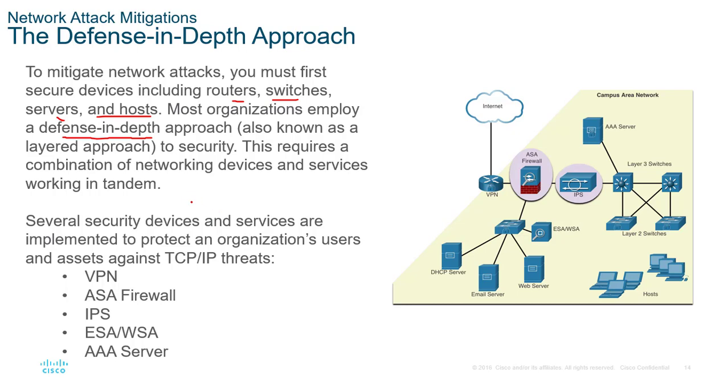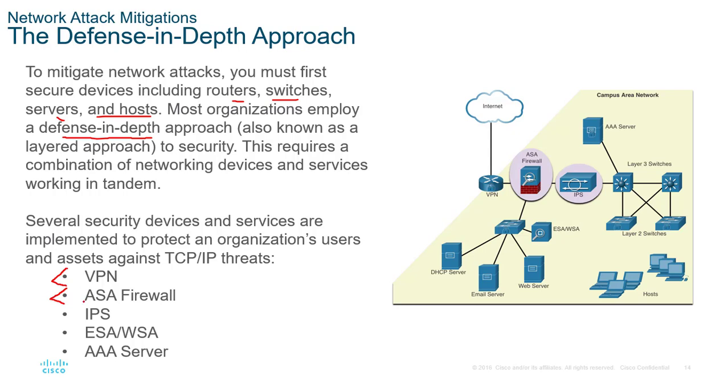Several security devices and services are implemented to protect an organization's users and assets against TCP/IP threats. Those include virtual private network connections for secure remote access, and firewalls to control access between different networks and subnetworks.